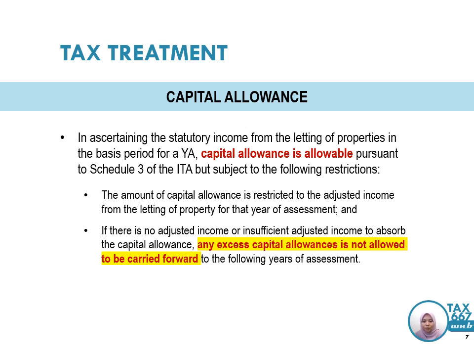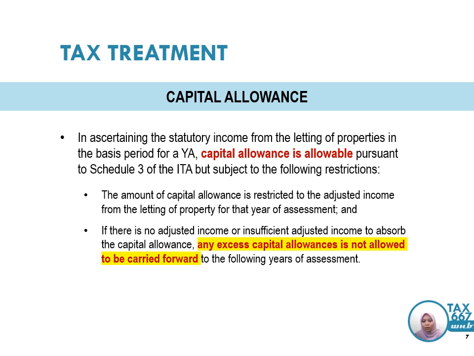So, konsep dia sama macam business expenses tadi. Capital allowance, CA, boleh tolak. Tolak daripada mana? Tolak daripada adjusted income to arrive at statutory income. But berapa yang you boleh tolak, dia akan limitkan kepada the amount of your adjusted income.